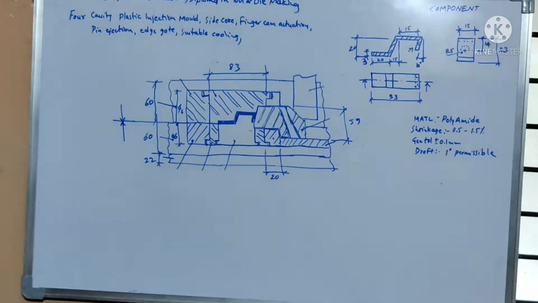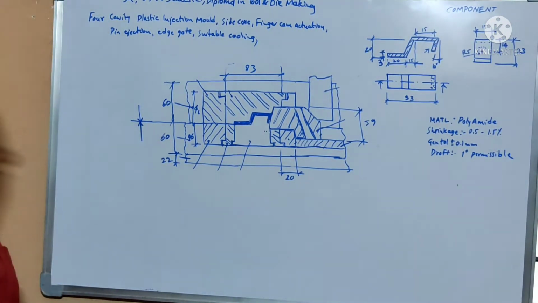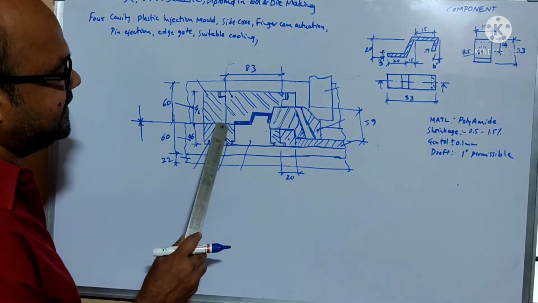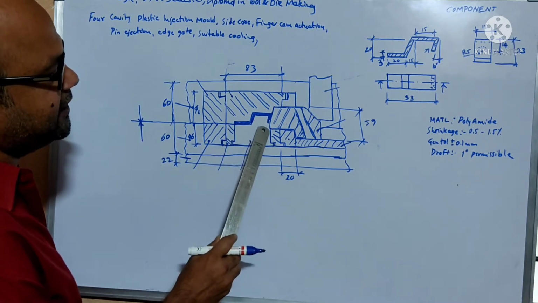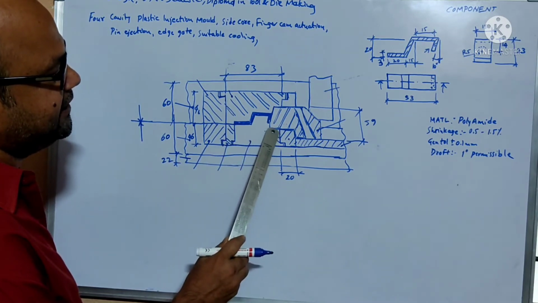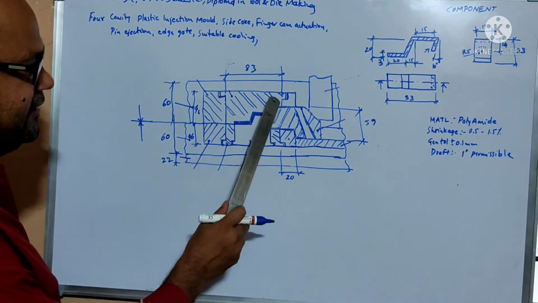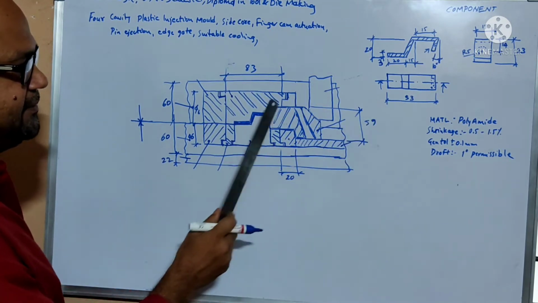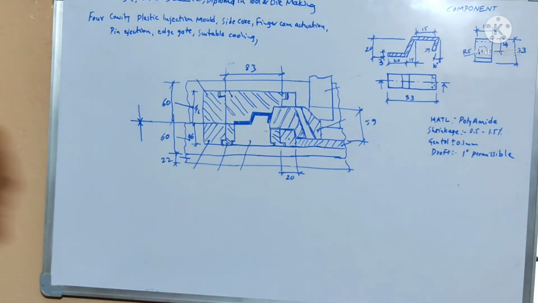You have to add the shrinkage to the component while you are drawing the core and cavity details. From this, the wall thickness maintained for the insert is 15 mm per side, so the insert from this point to this point becomes 53 plus 30, which is 83 mm.